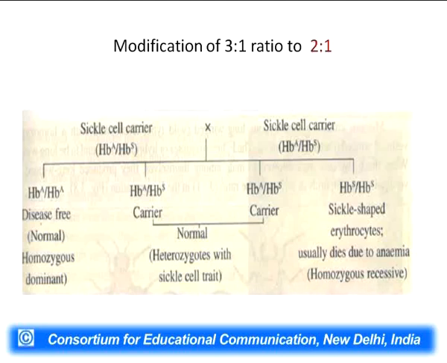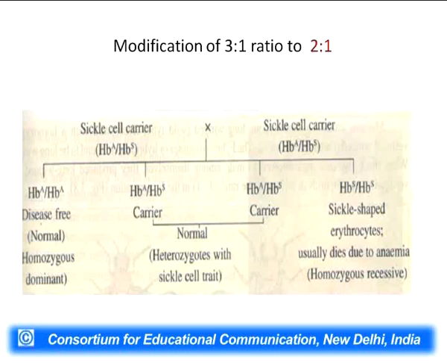They may not die, because this is a case of codominance as far as incomplete dominance, whereas in such a marriage always 1/4 would be the possibility that the combination becomes HbS, HbS.